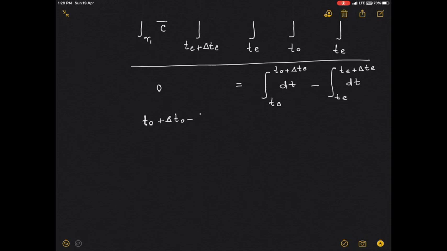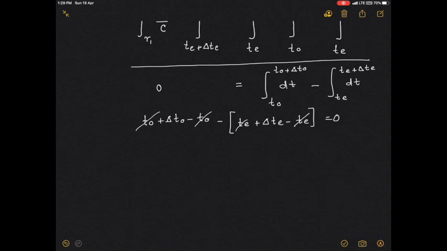So this integral will be t0 plus delta t0 minus t0, minus the bracket of te plus delta te minus te, which is equal to 0.